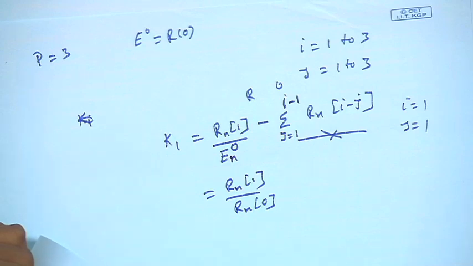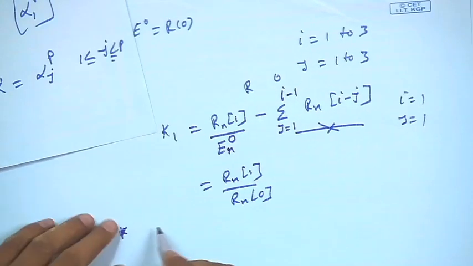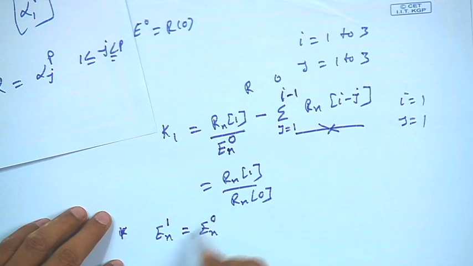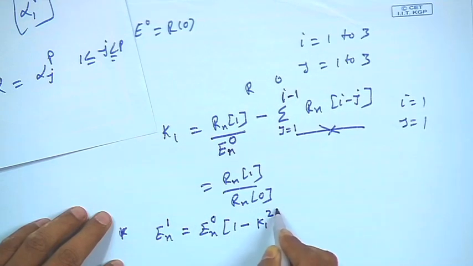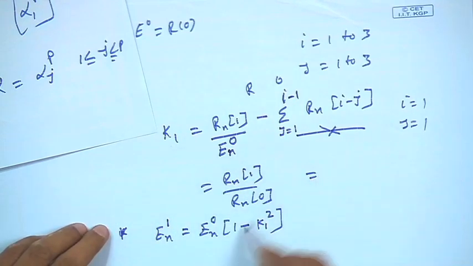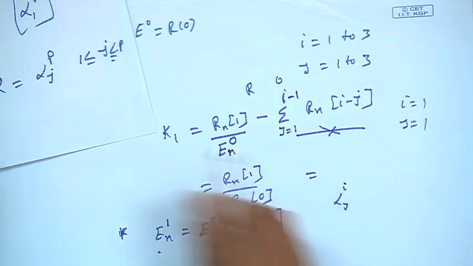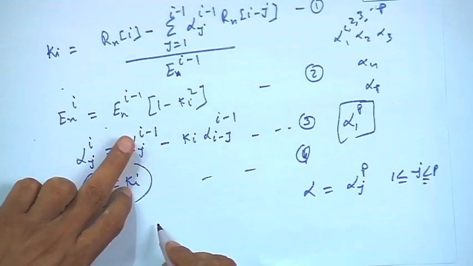Now, I can find out K2. K1 I find out, then En1 is equal to En0 into 1 minus K1 square. So, I get the value of K1 here, I can put the value K1 here and find E1n. Then what is alpha Ji? Here I put J equal to 1, I equal to 1.